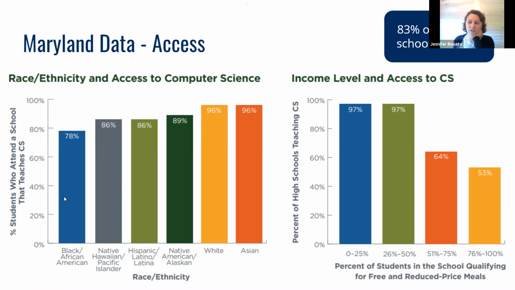And then the other piece over here is the percentage of students who attend a school that teaches computer science. So fewer Black students attend schools that teach computer science. Same thing, fewer Native American, Hispanic, Native Hawaiian students attend schools that teach computer science compared to white and Asian students. And again, hopefully that gap is reducing if you're getting to 90+% of schools offering CS.